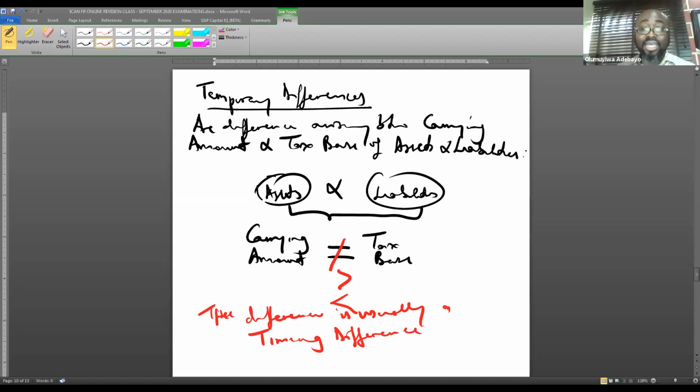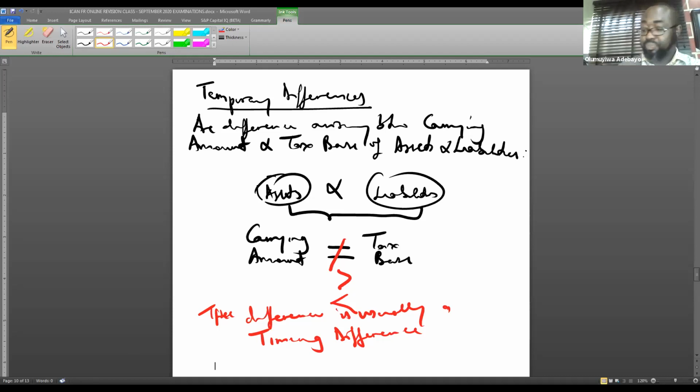Timing in the sense that something occurs before other, but at the end of the day, they arrive at the same thing. Only that somebody is getting there faster than the other, but they arrive at the destination altogether. And that is what it means. But we'll demonstrate that understanding as we move forward.